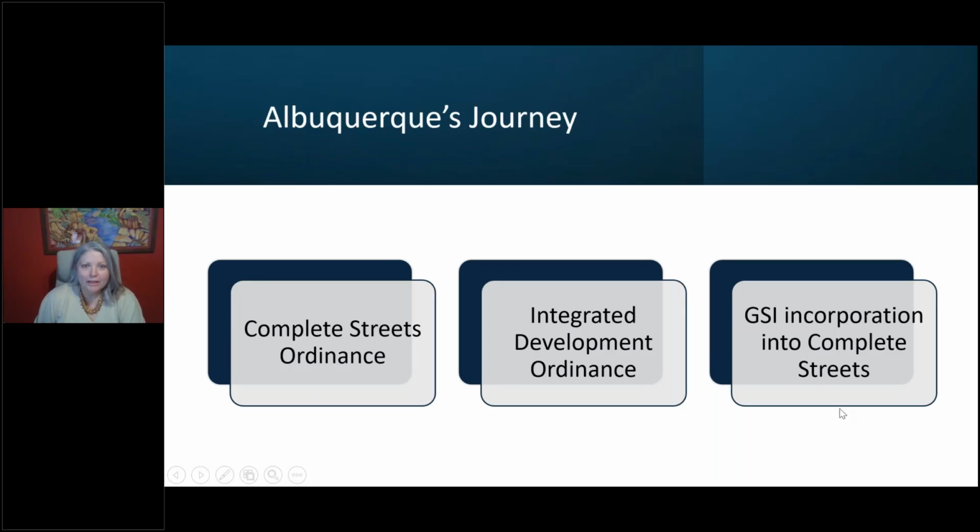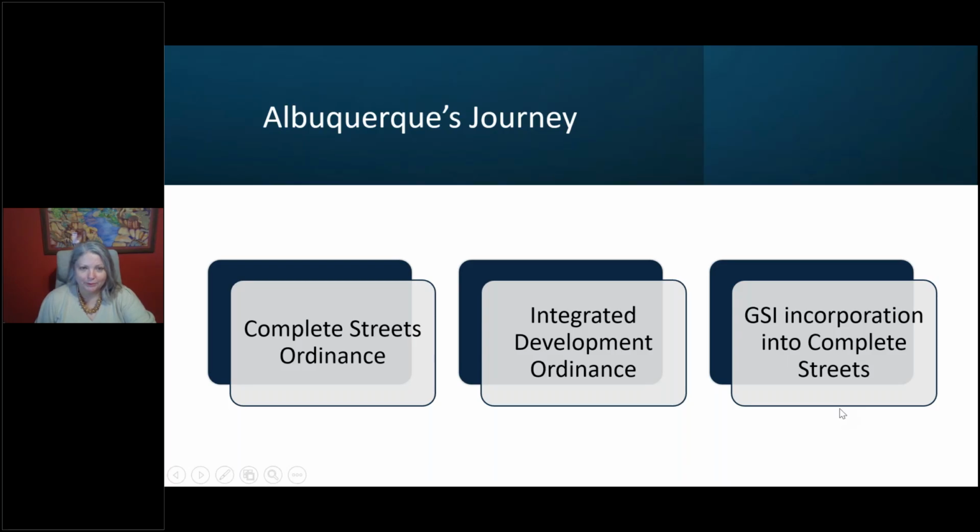So we had a little bit of a head start on policy because back in 2014, before I was on council, they passed a complete streets ordinance. Now this does not include GSI originally, but it was really the first time that our city and a lot of cities that pass the complete streets ordinance, it's the first time you start thinking through how to do kind of localized median landscape buffer, making streets complete.